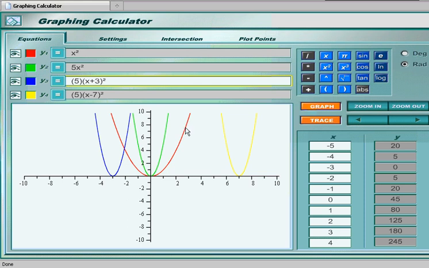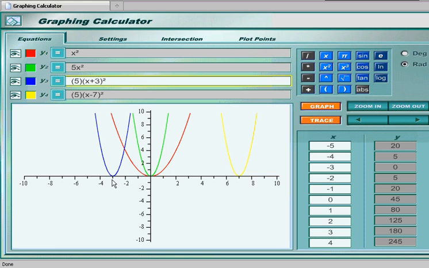When we graph it, here's the original in red. Again, when we multiply by 5, that's the green graph. The graph becomes more narrow. When you add 3 inside the set of parentheses, when you're adding 3 to x, and it is getting squared, so this binomial is getting squared, the graph translates 3 units to the left.